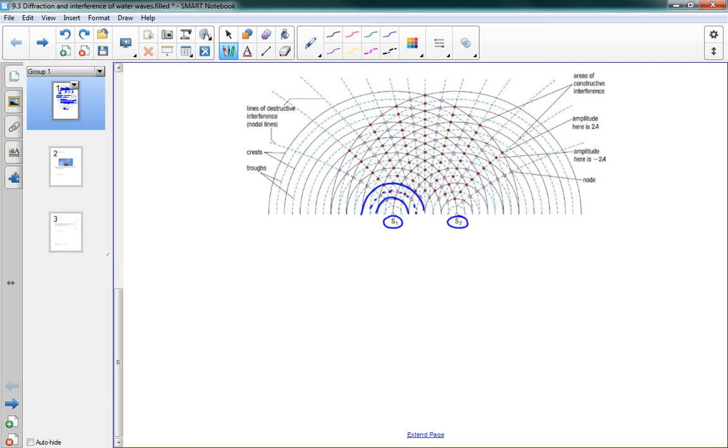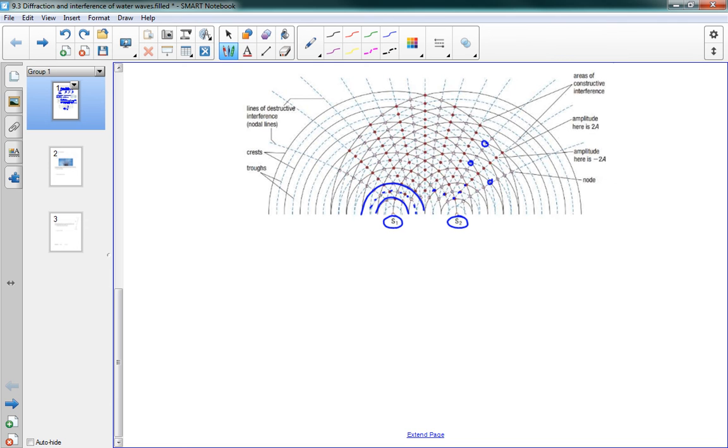And you can see then at all the dark points, here, here, here, all of these points, that's where the crests or the troughs line up from the two waves, where they overlap. But all the empty circles, like this one and this one, all of these, are where the crest from one wave overlaps with the trough from another one. That means they cancel out. And we get a node.